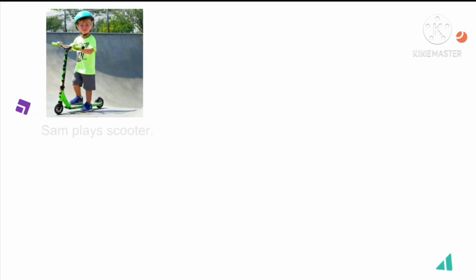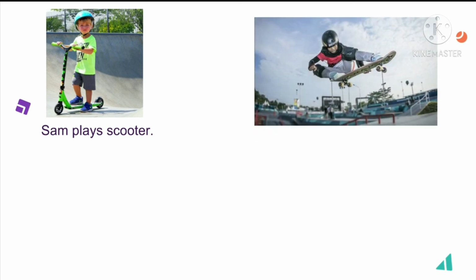Okay, the next ones. Sam plays scooter. Yes. That is a scooter. And this one here is a picture of our child athlete in skateboarding. Her name is Nimas.